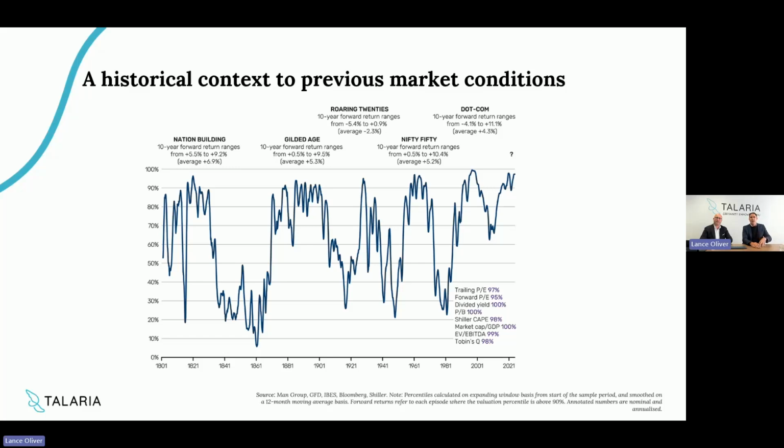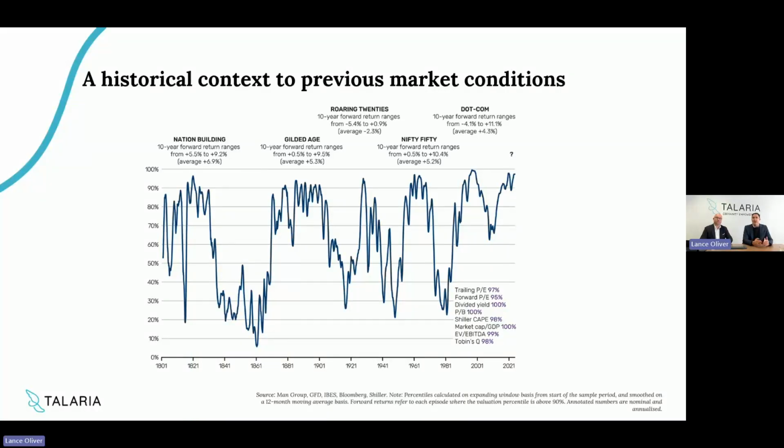We've had a look at different eras when you've gone above 90 and what that's meant over the subsequent 10 years. What was your best opportunity? What was the average and so on? Interestingly, in all instances, apart from nation building right at the start of 1800, when the starting valuation didn't have that track record, you've been talking about 5% nominal returns or worse from today's level.